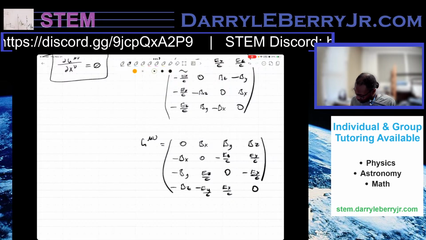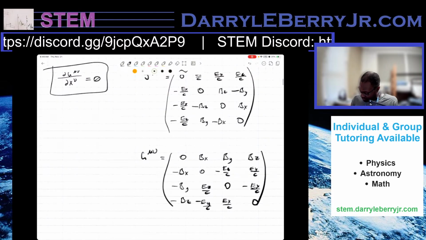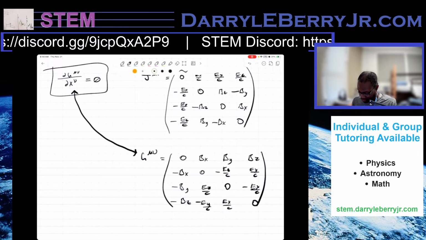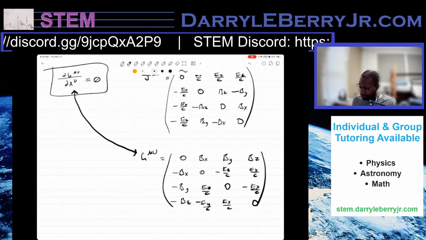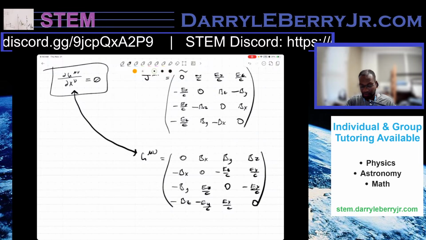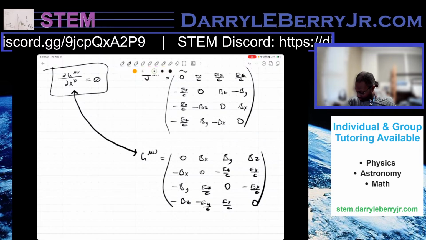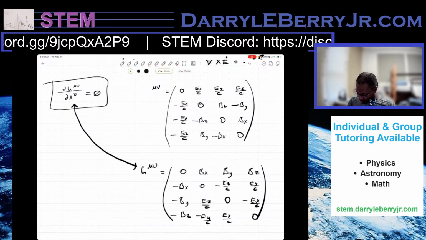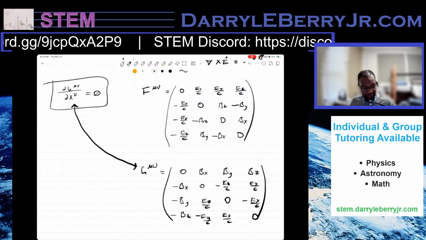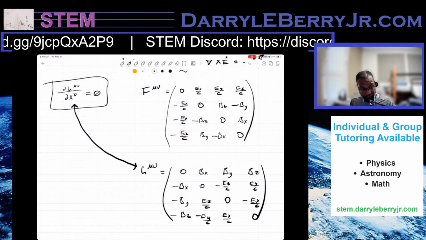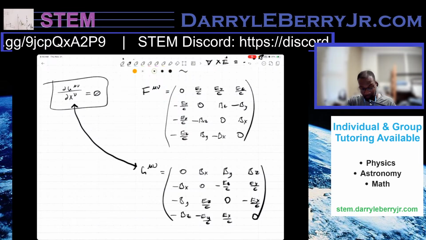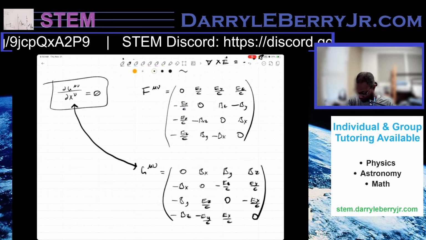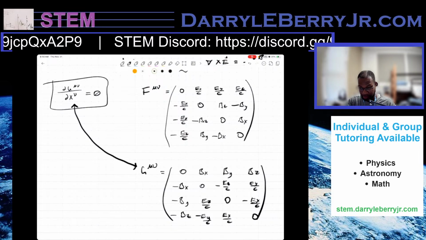So these are the tensors that we utilize in these configurations to output Maxwell's equations. Let me check and confirm I have everything right. I believe this one is called F. So that one is called F. And so far everything looks good, except that one is called F and not J.